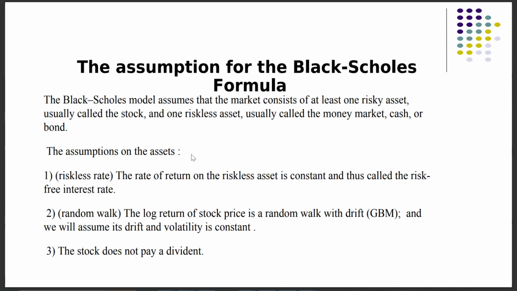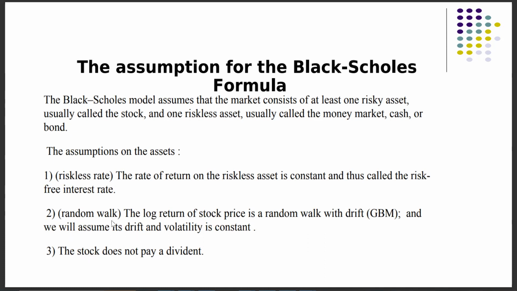And what are the assumptions for the Black-Scholes formula? The assumptions for the asset, for example for stocks: first, about the riskless rate, that the rate is constant, and it does not depend on the operation, lending or borrowing, so it's called the risk-free interest rate.